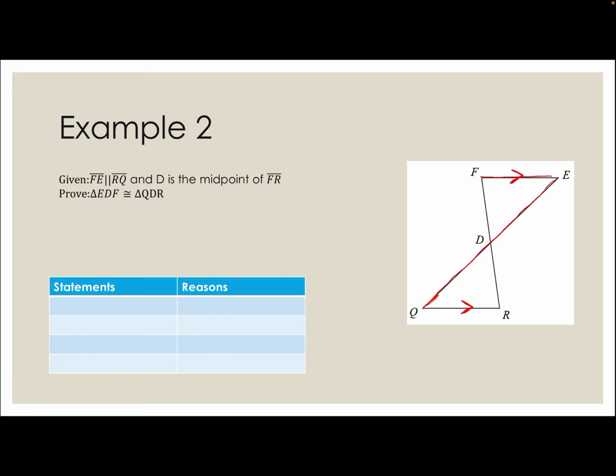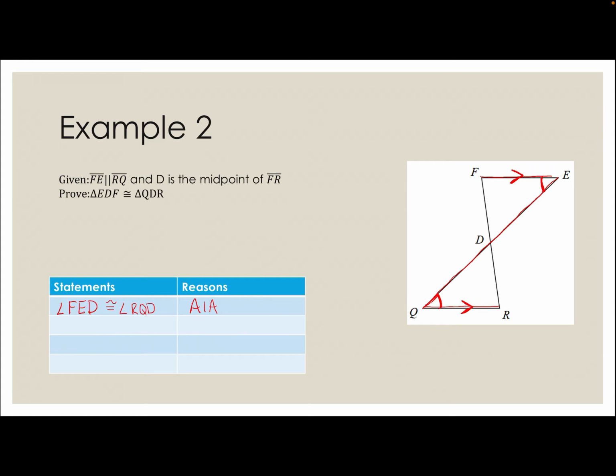And remember, anytime we have parallel lines, then the angles interior to the triangle are going to be alternate interior angles. So the first thing we can say is angle FED is congruent to angle RQD, and that reason is alternate interior angles.